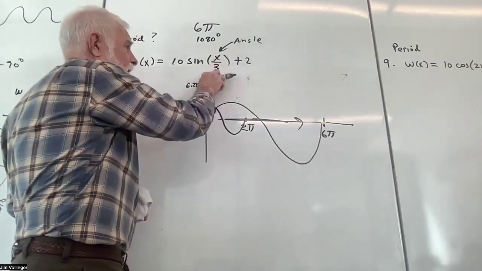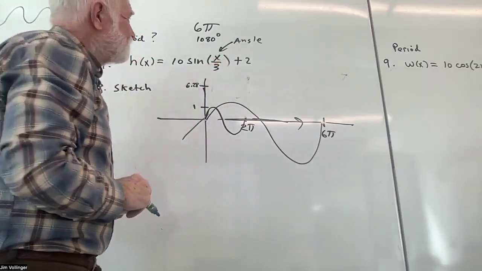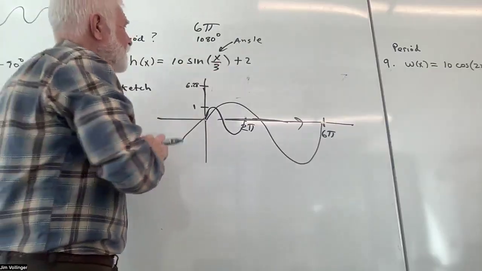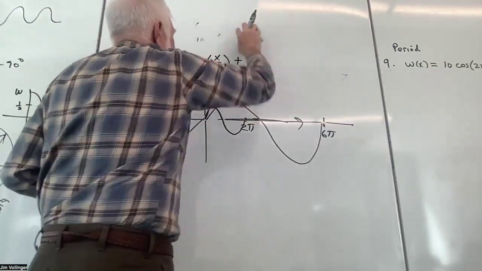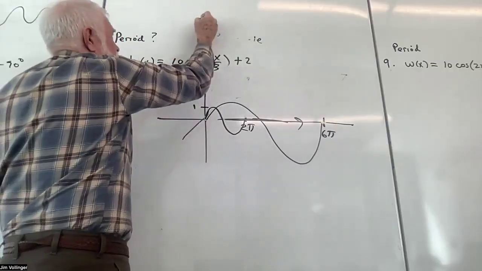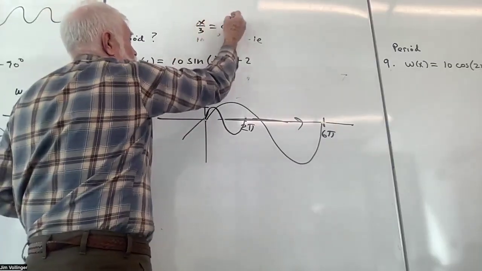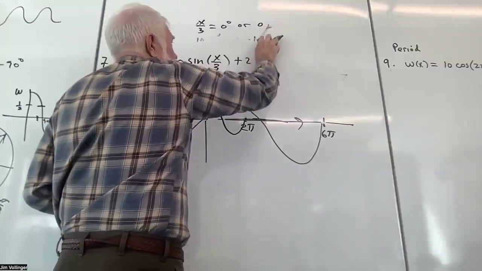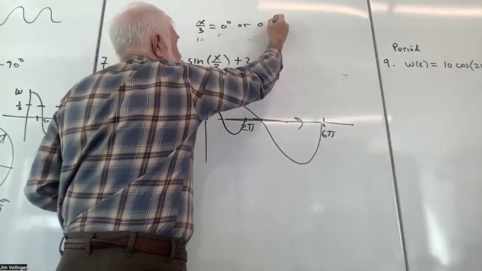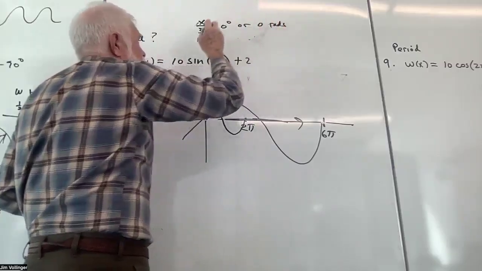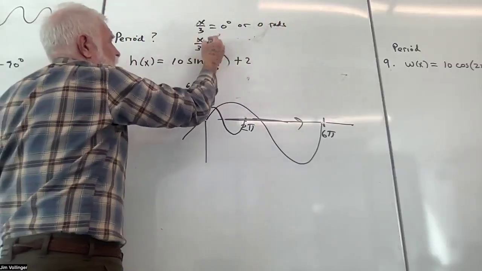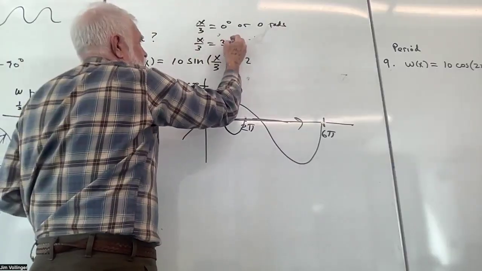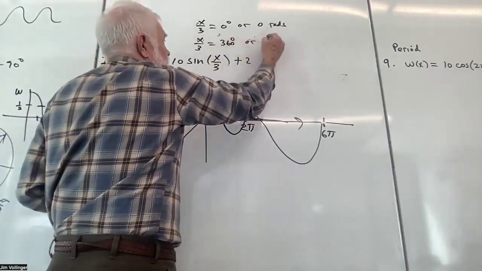So, what's the quick way for finding 6 pi? The long route is to set the argument of the function, x over 3, equal to 0 degrees or 0 radians. I'll put both language systems down as you're trying to learn how to speak both languages. And I want x over 3 to equal 360 degrees or 6.28.